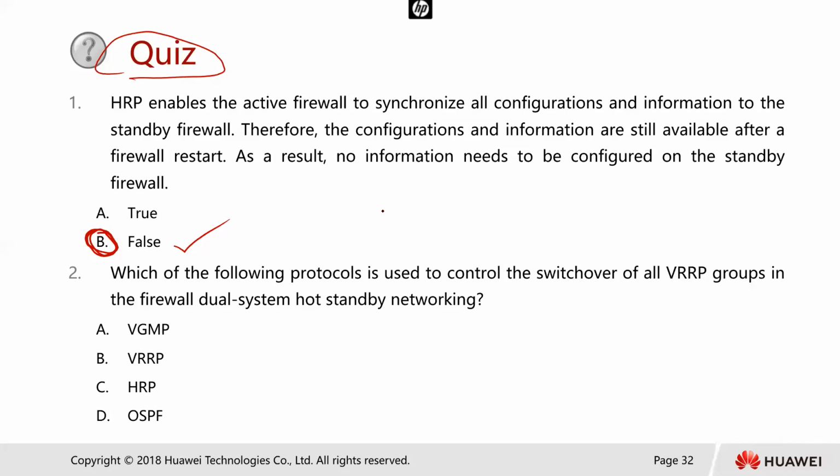Very true. Just like our colleagues have said, during the time when our machine, which was the master, is restarting, it's unavailable. Its role is no longer going to be master, isn't it? Its role is going to become standby, and the one which was standby is now going to become our new master.